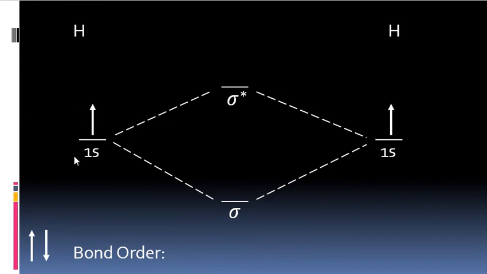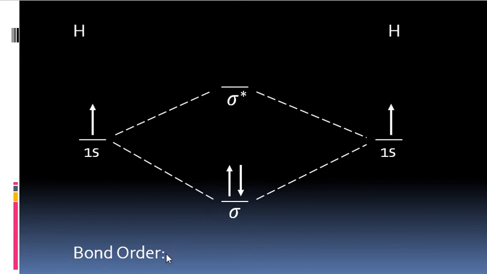Therefore, let's say we take one valence electron from one of these 1s orbitals on one hydrogen, we can move it to the bonding orbital, and with the electron from the other atom, it's essentially going to get a spin flip and be used to completely fill that bonding orbital. I want to make clear that when you are filling molecular orbitals, you start from the bottom and then you work your way up.